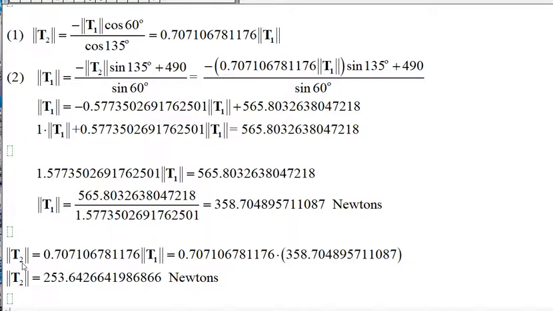And then the tension force in the second cable will be 0.7071 times this number right here, and we'll end up with 253.64 newtons.